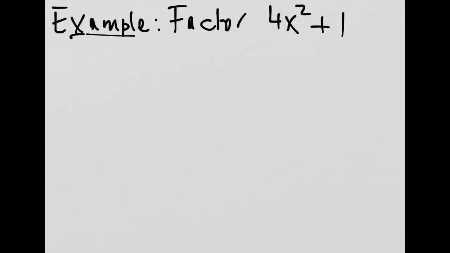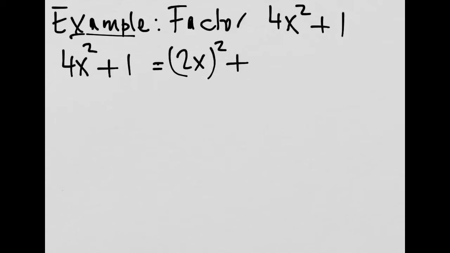Next, let's look at the example 4x squared plus 1. So we'd like to break that down to factor it. So notice first that 4x squared plus 1 can be written as 2x quantity squared plus 1 squared. But notice that this is of the form a squared plus b squared. This is the sum of 2 squares.